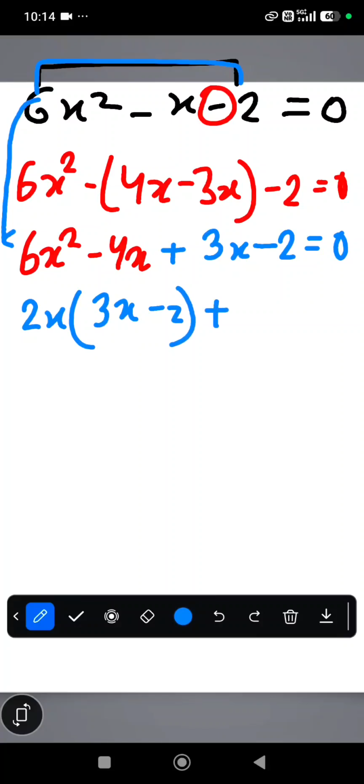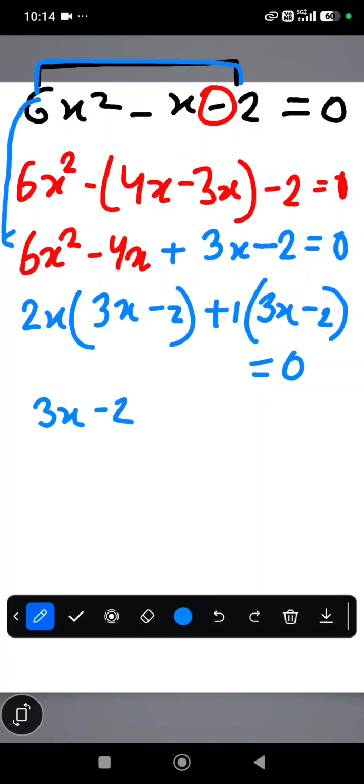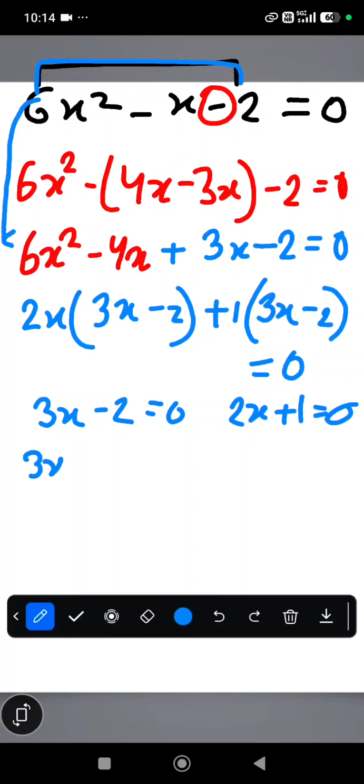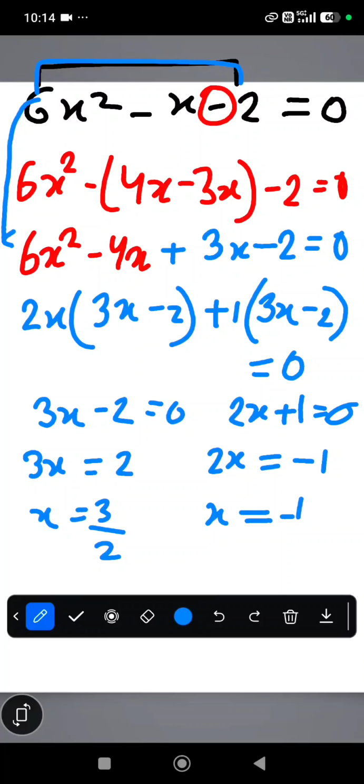Take plus 1 common, so it will be 3x minus 2 equals 0 and 2x plus 1 equals 0. So x equals 3 by 2 is the first factor, and 2x equals minus 1, so x equals minus 1 by 2.